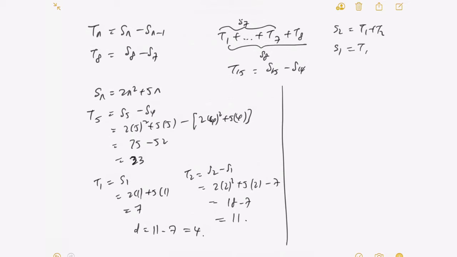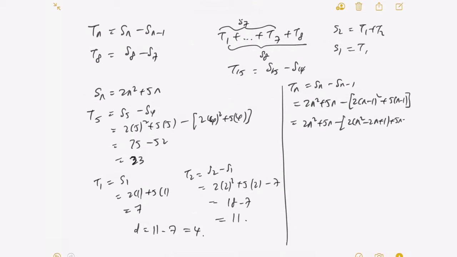There's another way to find Tn without finding S1. We take Sn minus S(n-1), but this is the algebra method, a bit annoying because you have to expand. 2n squared plus 5n, you minus 2(n minus 1) squared plus 5(n minus 1). Okay, so when you expand this bracket, this will be 2 times n squared minus 2n plus 1.